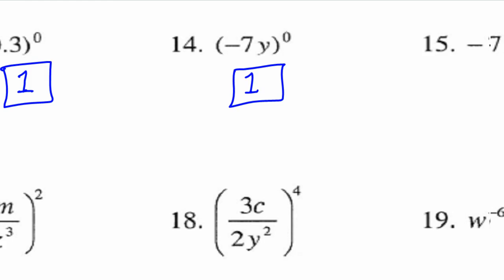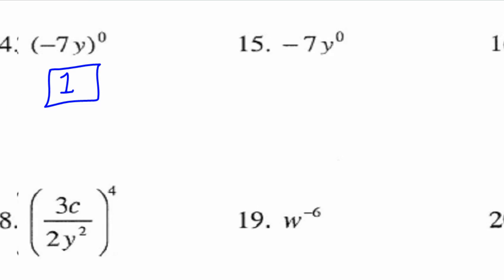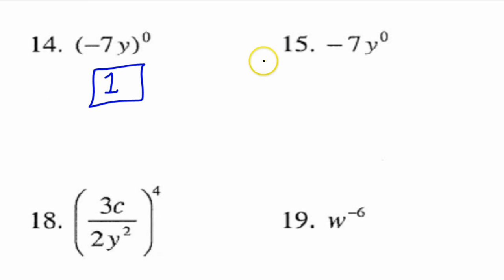Okay, but look, can you see the difference between number 14 and number 15? See how this has parentheses around it. So all of this, because of the parentheses, this entire thing is being raised to the 0 power. Boom, 1. Now this one does not have parentheses. So this exponent of 0 does not include the negative 7.